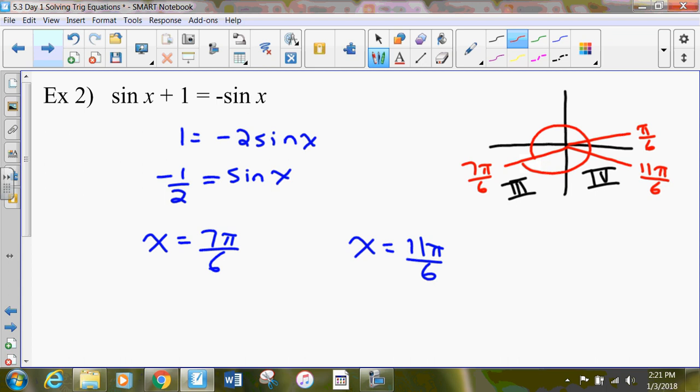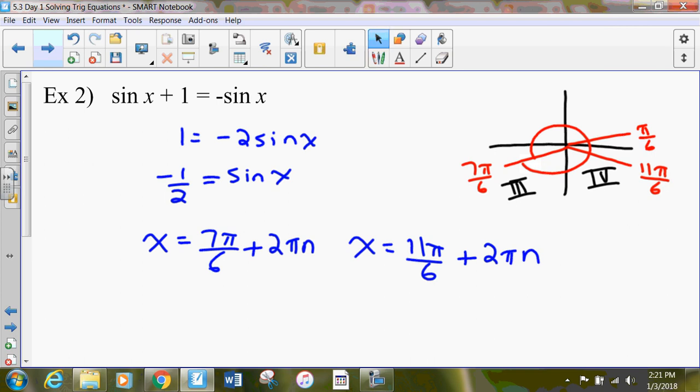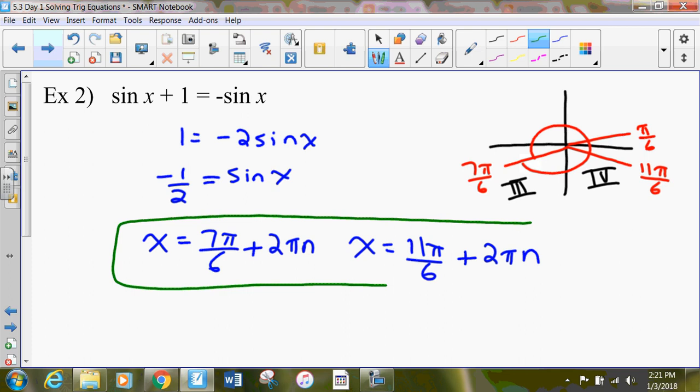So instead of listing all the angles by adding 2 pi and 2 pi and 2 pi, we just put plus 2 pi n, where we already have that agreement that n is an integer greater than or equal to 0. We'll do the same thing for 11 pi over 6. We're going to add 2 pi n. So there's really an infinite amount of angles that have the sine equal to negative 1/2, and we just named them all in a very concise way.